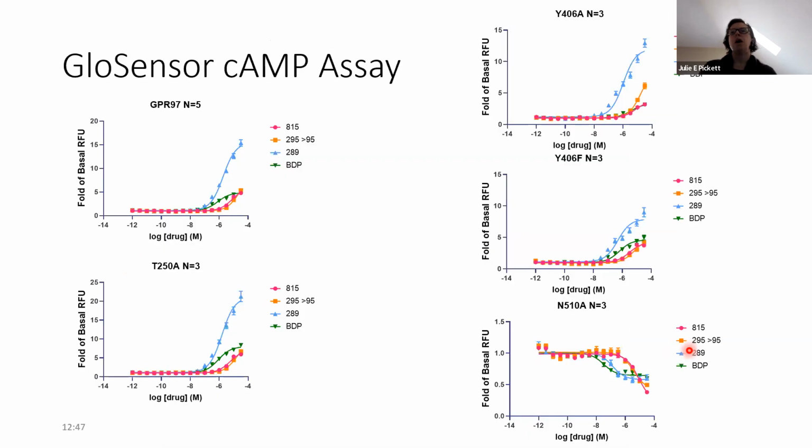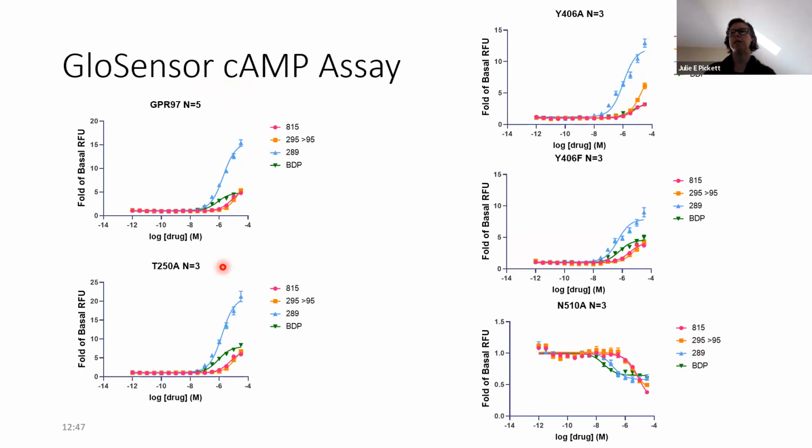There's a whole host of work that we've done on that right now. I'm just going to show this one to start with. This is a GloSensor cAMP accumulation assay. We've got GPR97, which is the wild type. T250A modifies the autoproteolysis domain that I talked about earlier, blocking the proteolysis so that the N-terminal region remains connected.